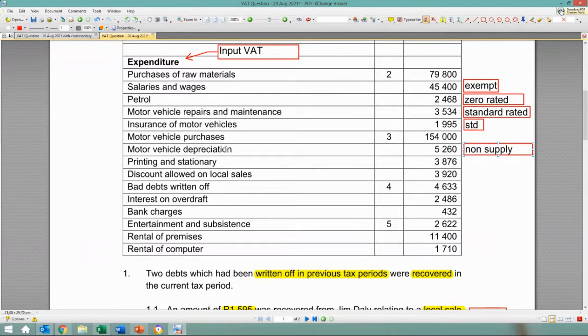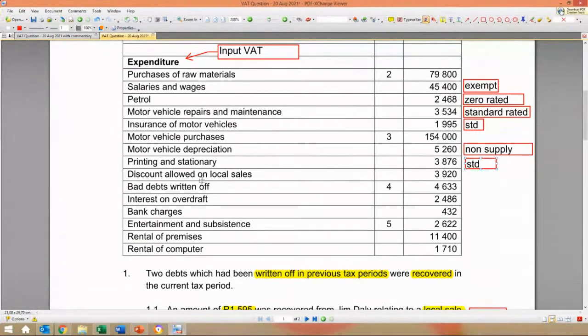Okay, that's correct. It's standard rated. Discount allowed on local sales. What type of supply do you think that is? Okay, so let me repeat that.